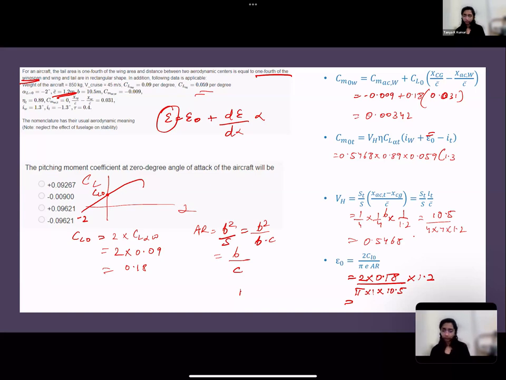Let's try doing it once. Okay. So what is the unit? 0.013. What is the unit? What is epsilon? What is epsilon naught?